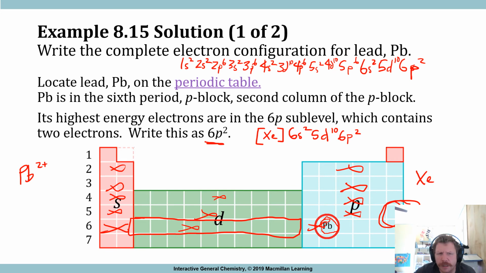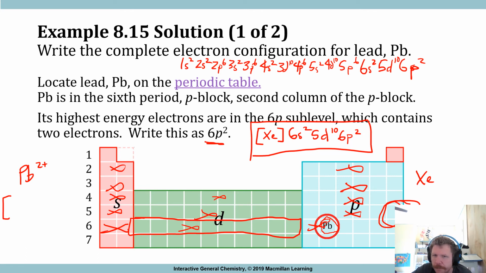Now, if you were to look at that, it loses 2 electrons. So what that means is that our electron configuration right here is going to change, and it's going to show that electrons have been lost. So where are those electrons going to be lost from? They're going to be lost from the farthest out place that those electrons can be found.